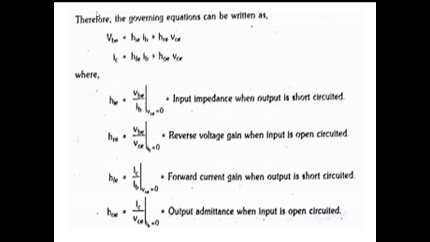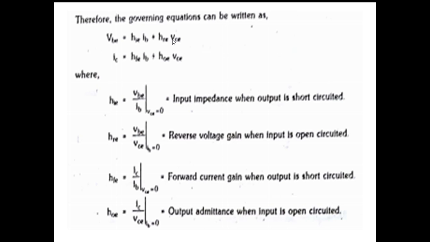From the first equation, which is a voltage equation, VBE is equal to HIE IB plus HRE VCE. So the input voltage equation is equal to the combination of two voltages. Therefore, it is a KVL equation, Kirchhoff voltage law equation.